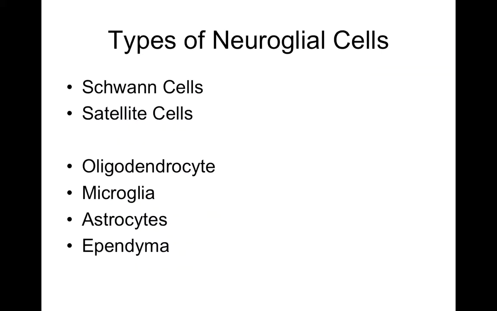We talked about the types of neuroglial cells. These first two are found in the PNS. So Schwann cells produce myelin sheaths that surround axons in the PNS.